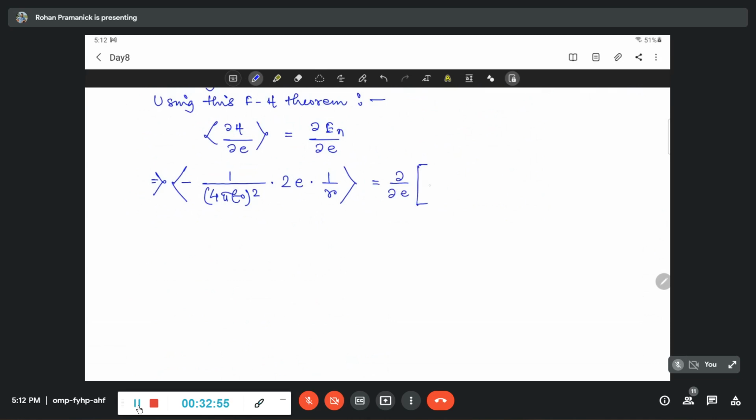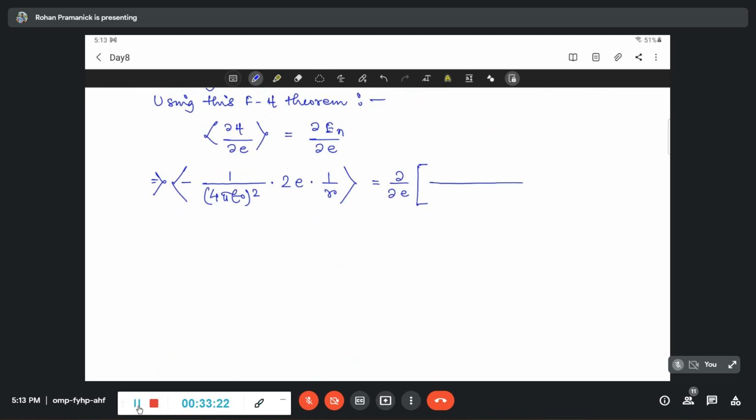I have to check this. E squared by 4 pi epsilon 0 whole squared, something like that, and there is a minus.